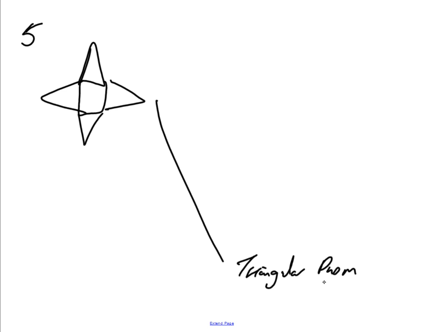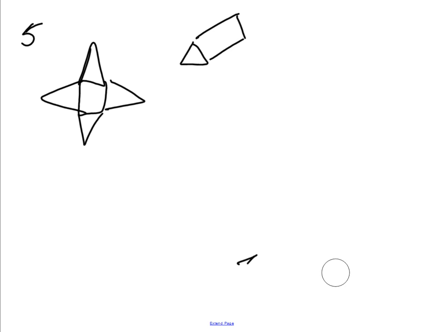No, because the definition of a prism, ladies and gentlemen, is something where the shape at the front, the cross section, is the same all the way through. So it's not the triangular prism. Very common error, that. If you can imagine what that's going to create, it will create what we know as a square base pyramid. So we'll be going to pyramid on that one, which is the second one down.